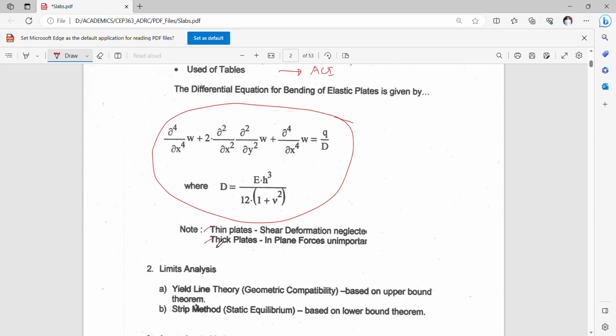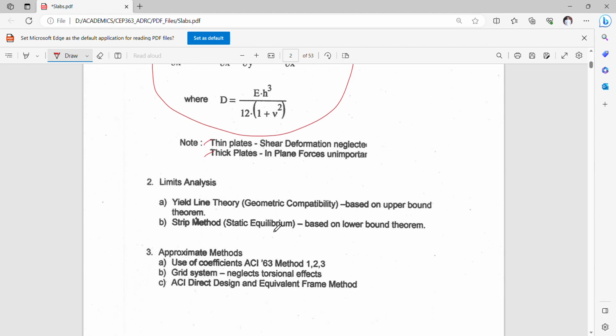For the limit analysis, which is very, what shall I say, classical, in the solution of those which can be solved using a finite element analysis or by ACI methodologies, standard methodologies, we can do some limit analysis. So this is now beyond the elastic range. So this limit analysis is actually an inelastic analysis or the plastic analysis in steel design.